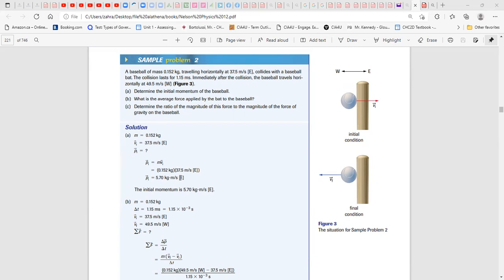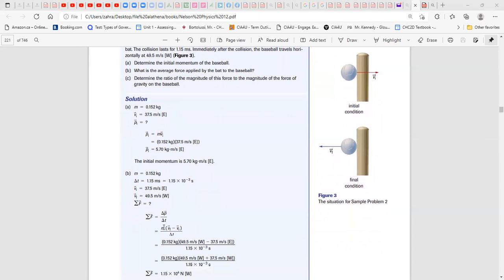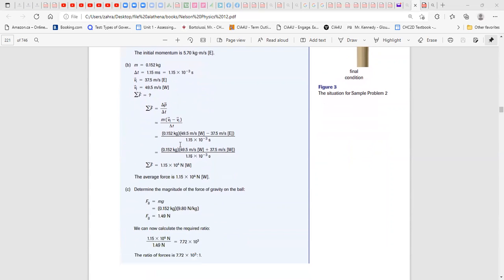Now, what average force is applied on the bat? Knowing that the force is the change in momentum over time, with the initial and final velocity we can find the change in momentum: mv final minus mv initial, divided by the time that is given. So you will get the force.